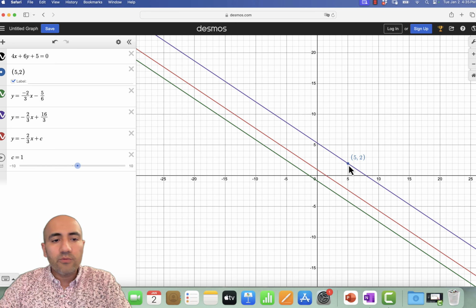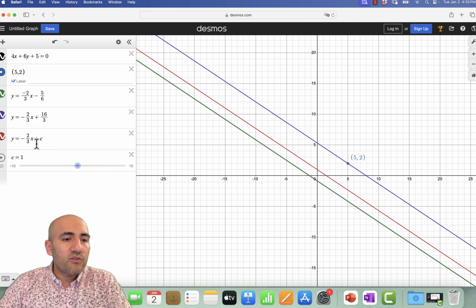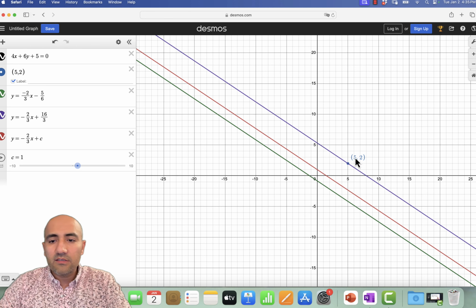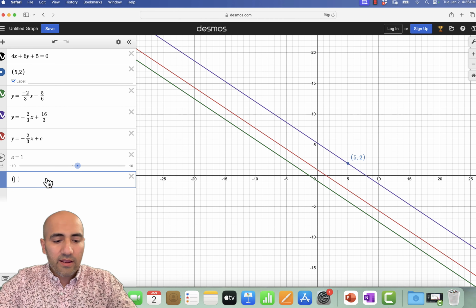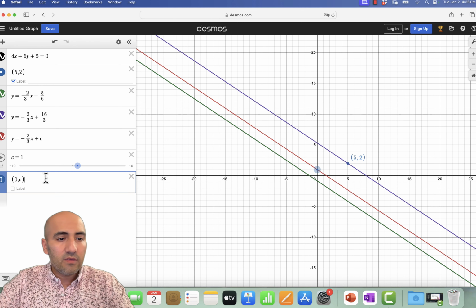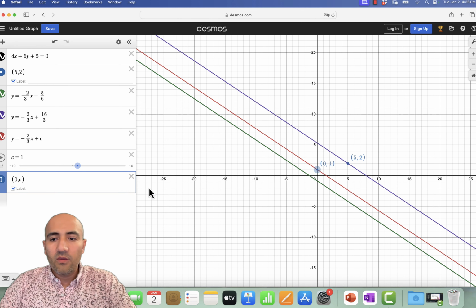All right, so then this red line, what Desmos is doing now is letting c be a constant. And so in this case, c is 1. And I have a little slider here so I can move it around. I also want to go ahead and graph the place where it crosses, which is going to be (0, c). So if we graph (0, c) and label it, we get this.